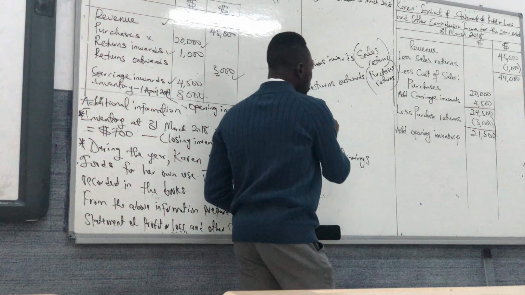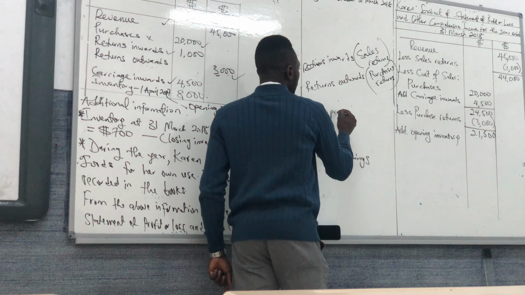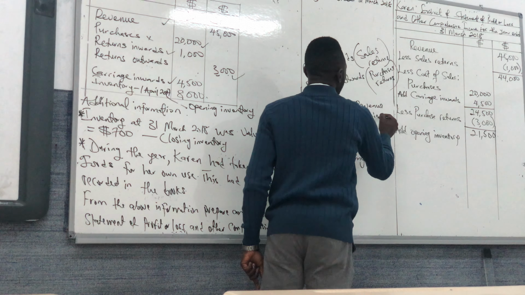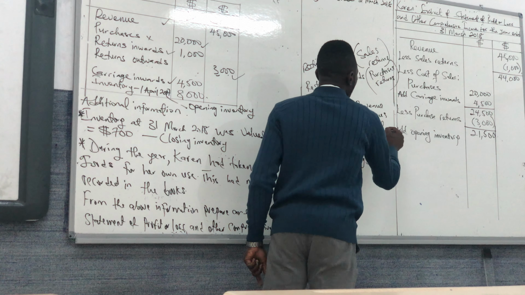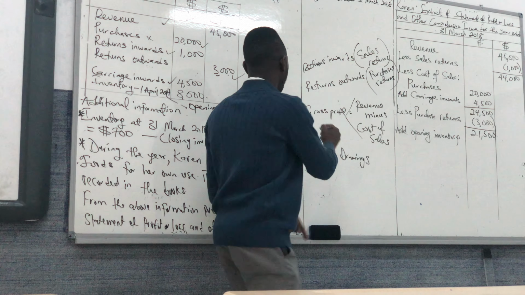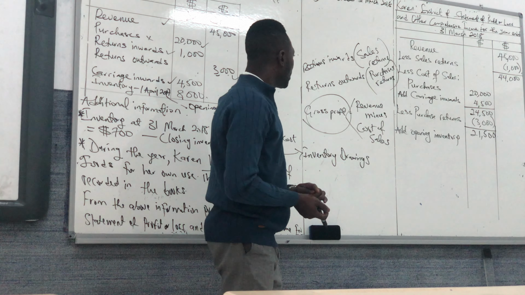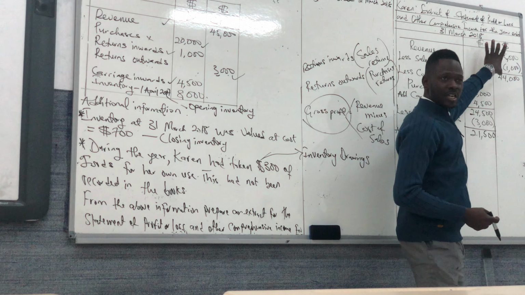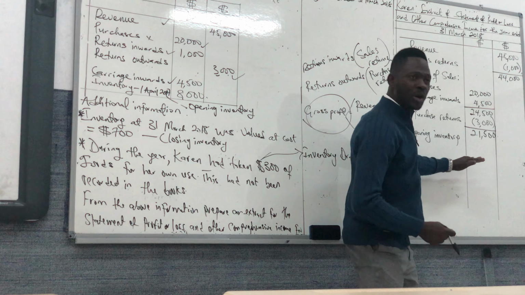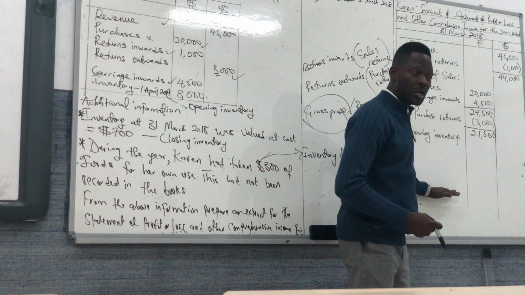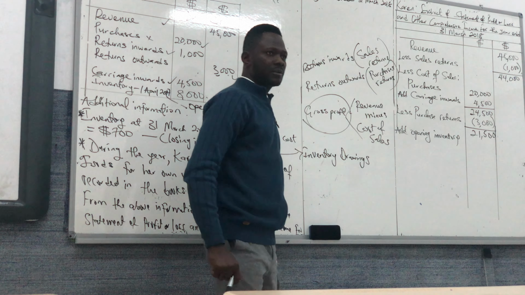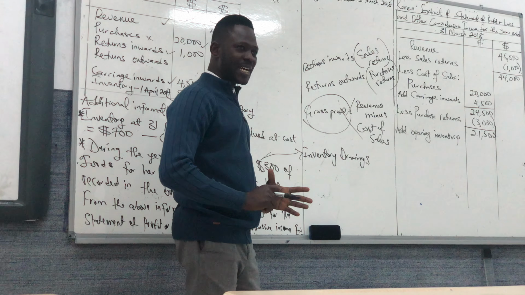We said gross profit is revenue minus cost of sales. But to get here, we need to find our revenue, then we need to find our cost of sales, which we are working on. As soon as we get our cost of sales, we take it away from this amount to get gross profit. Is it getting clear? Yes.